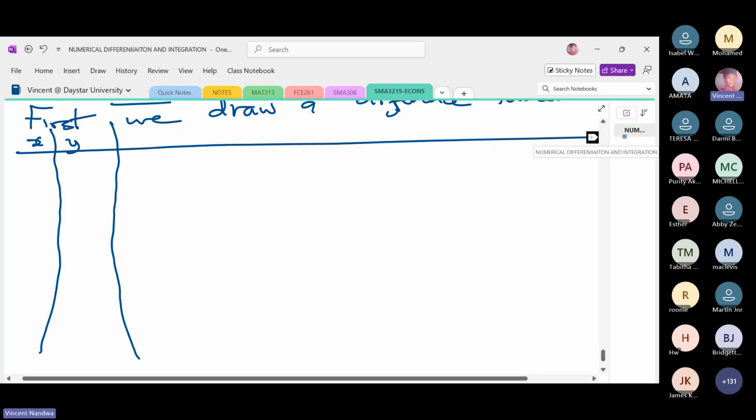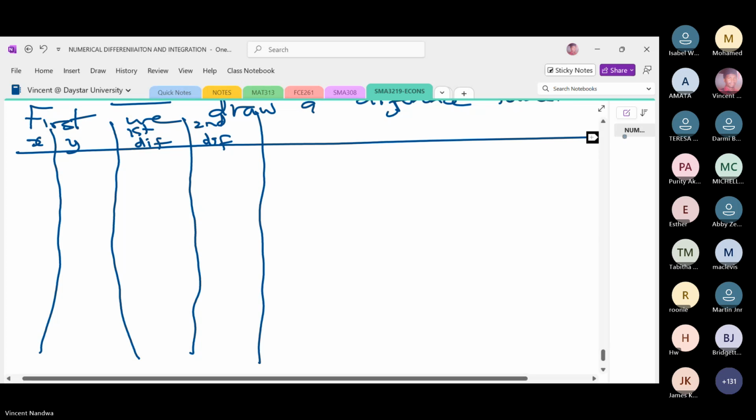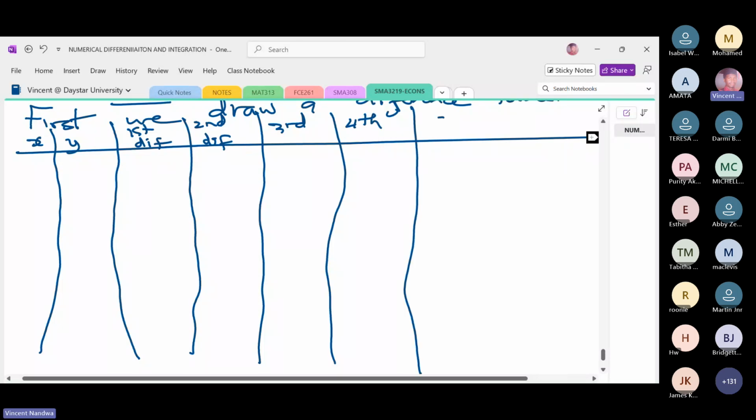Then we have first difference, second difference, third, fourth, fifth, sixth, etc.